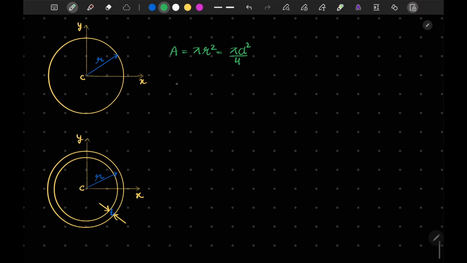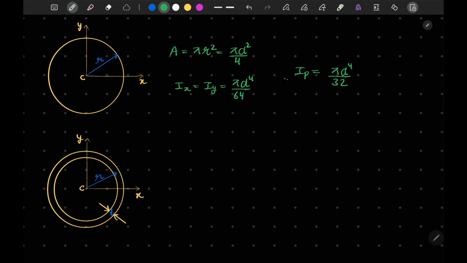We can write that moment of inertia about x will be equal to moment of inertia about y, and this value will be equal to pi d to the power 4 upon 64, or can also be written as pi r to the power 4 upon 4. We will generally use pi d to the power 4 upon 64. The polar moment of inertia here can be written as Ix plus Iy, so it can be written as pi d to the power 4 upon 32.